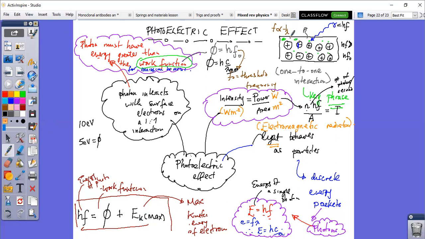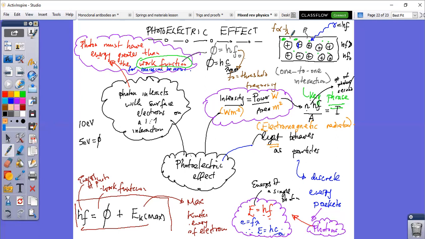Would it change it in any way? No. Go on then, explain your rationale to me. So why would it not change the maximum kinetic energy? Because it's a max, you can't get greater than that.